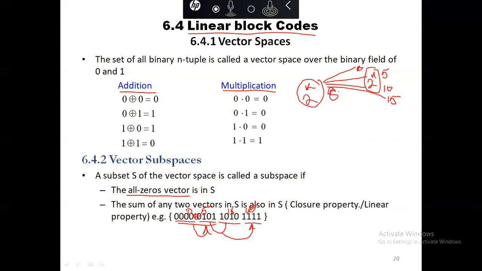But in short, we can say that we improve the distance properties of the code words.